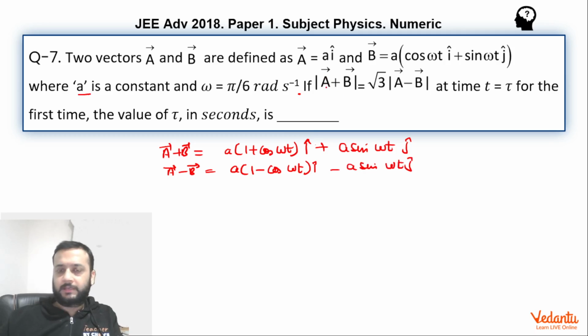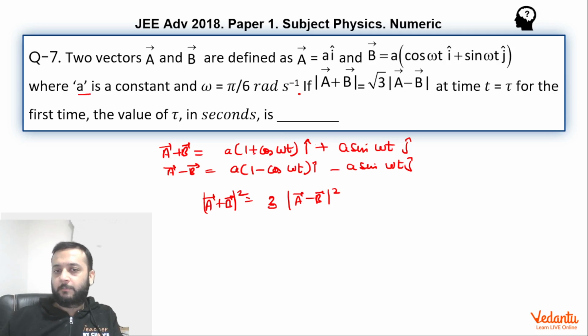Now according to the given condition, |A plus B| is equal to root 3 times |A minus B|, so after squaring it becomes |A plus B| squared equals 3 times |A minus B| squared. A plus B we have already written, so we have to take the magnitude of it and square it.